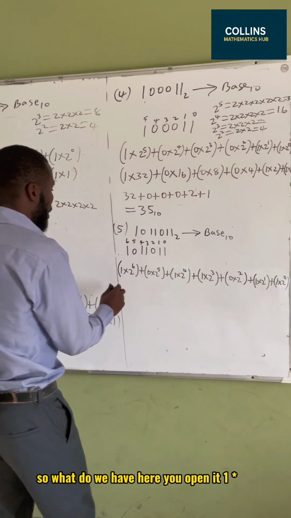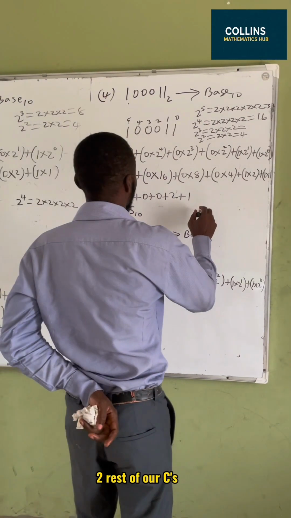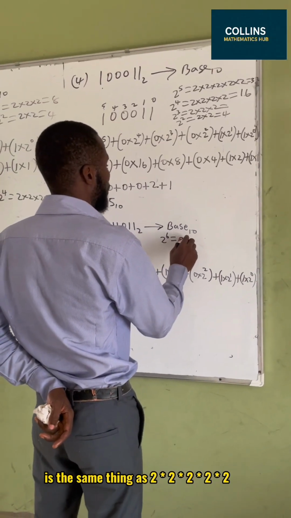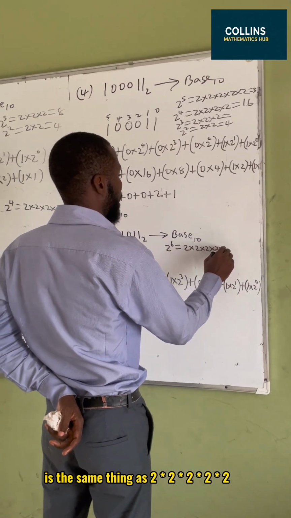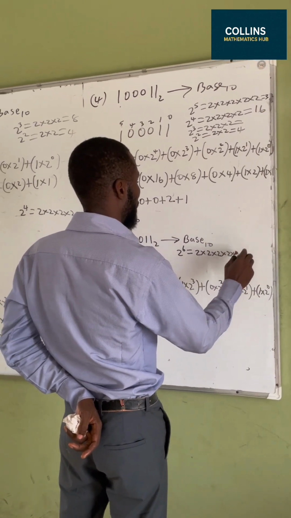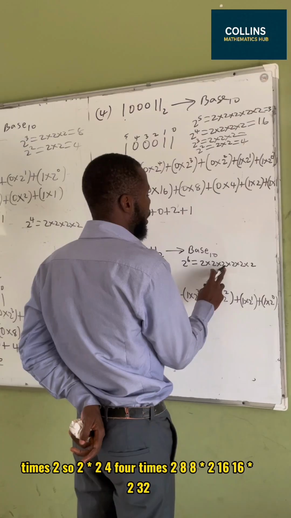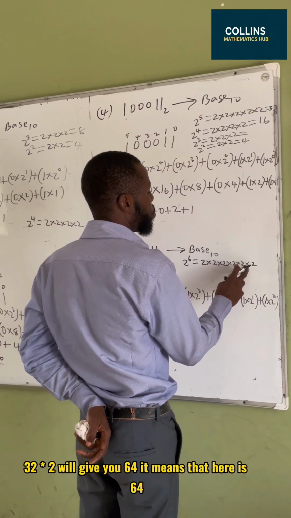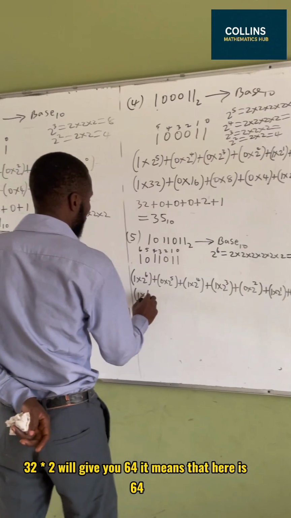So what do we have here? You open it. 1 times 2 raised to power 6 is the same thing as 2 times 2 times 2 times 2 times 2 times 2. So 2 times 2 is 4, 4 times 2 is 8, 8 times 2 is 16, 16 times 2 is 32, 32 times 2 will give you 64. It means that here is 64.